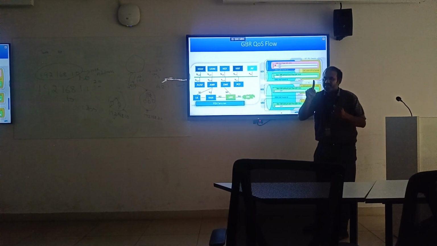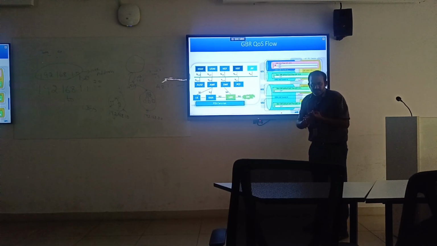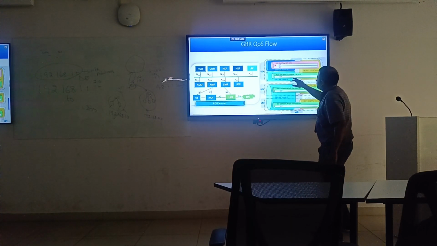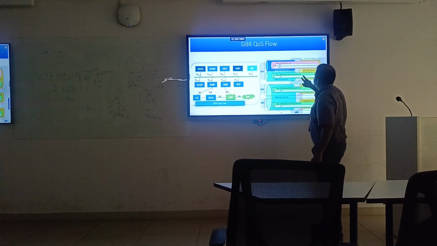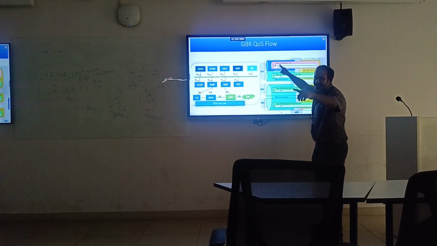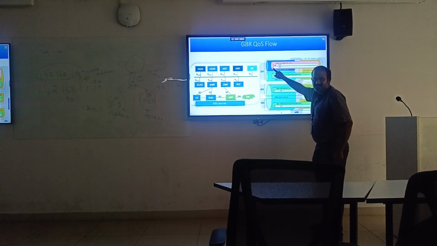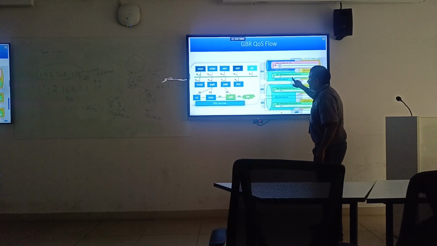UE1, that is user equipment 1, user equipment 2, UE3. Right. Now, you see here, what is this? This blue color is what? Radio data bearer. Okay. And this is one data bearer. Right? And what is this yellow?